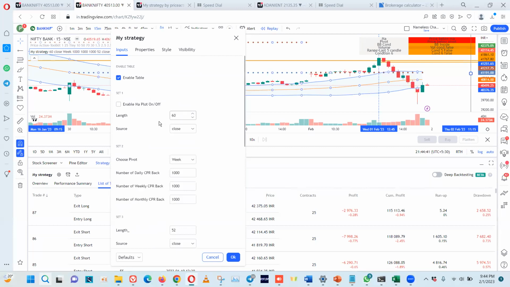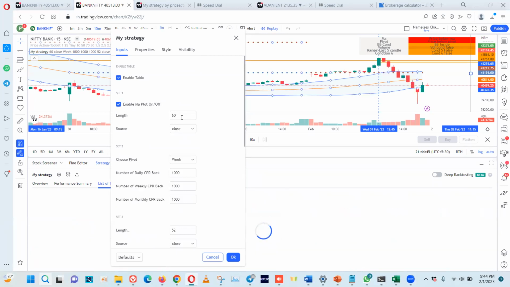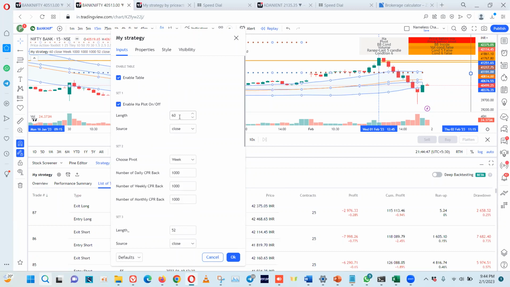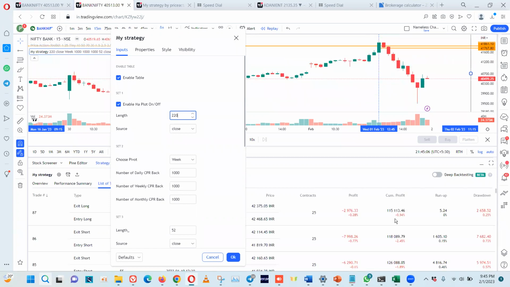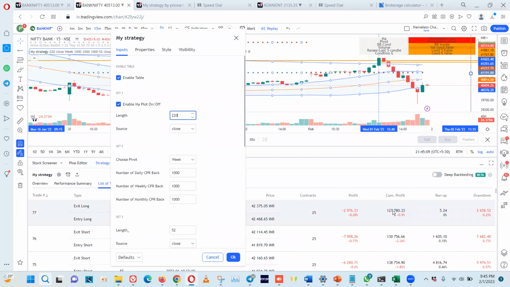Now this is length. First, moving average length. Here we can change the length. And I will show you how it affects the result. So this is Bank Nifty. Chart is 15 minutes. Now instead of 60, if I make it 220, see profit has increased slightly.